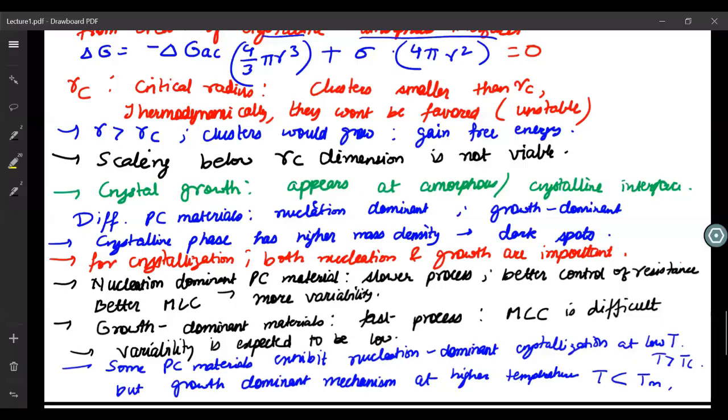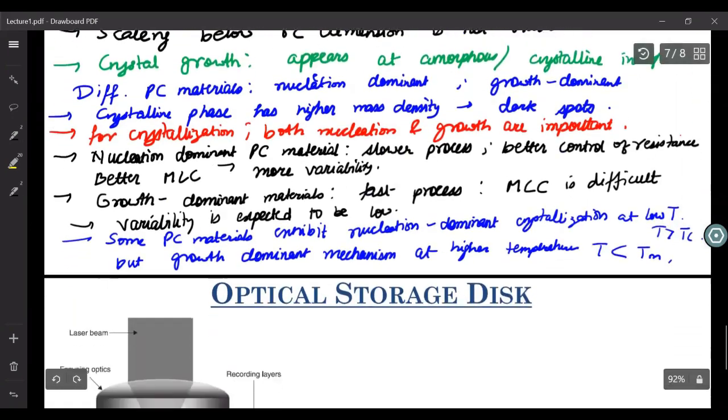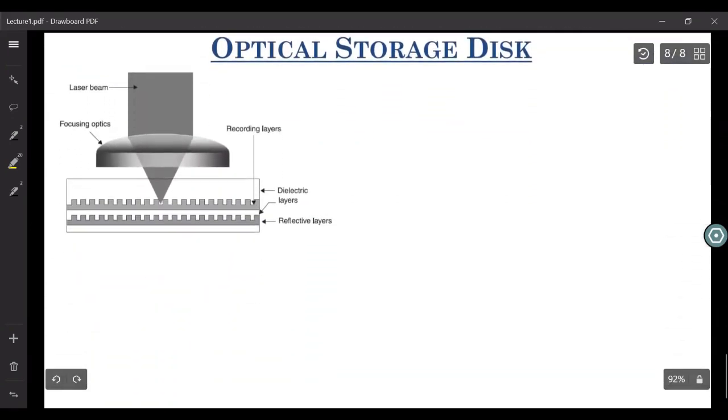So now with this information, let me unravel the mystery behind the working of rewritable optical storage disks. On your left-hand side, what you see here is an optical storage disk. So we have a layer of PCM sandwiched between two dielectrics.